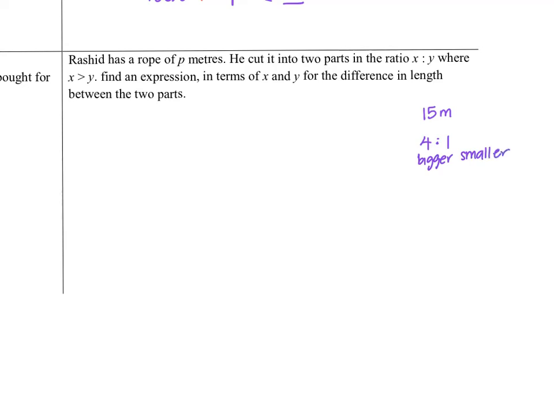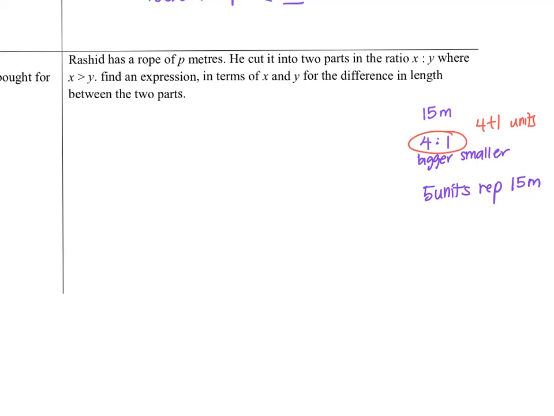Find the difference in the length. Before I even find the difference in length, how many units are there in total? There are 4 plus 1, 5 units. So 5 units to represent 15 meters.